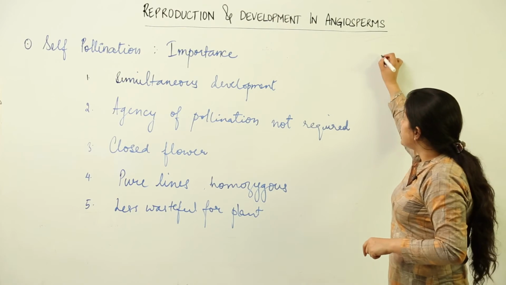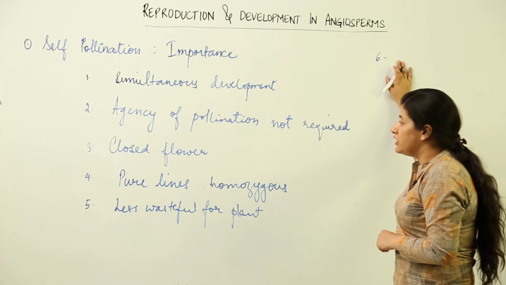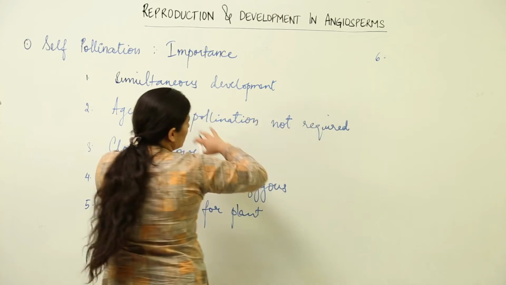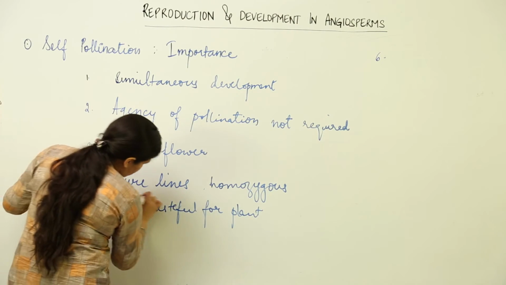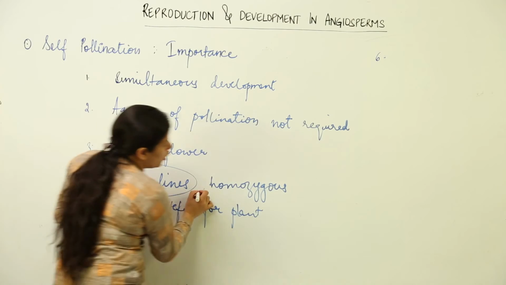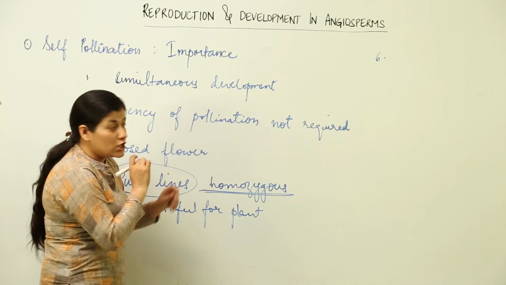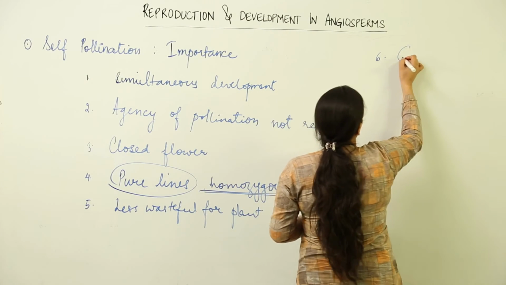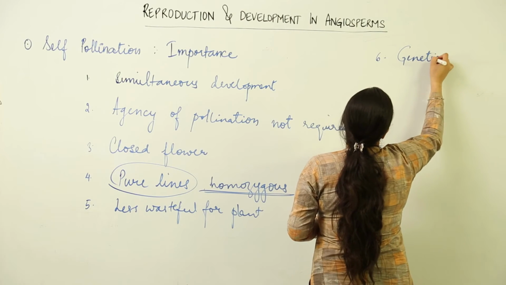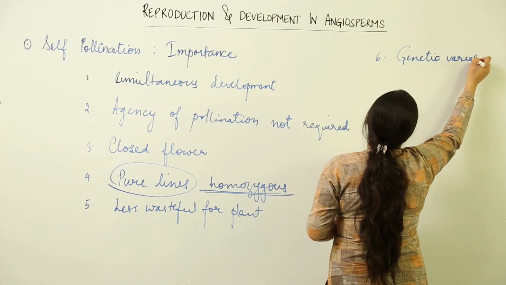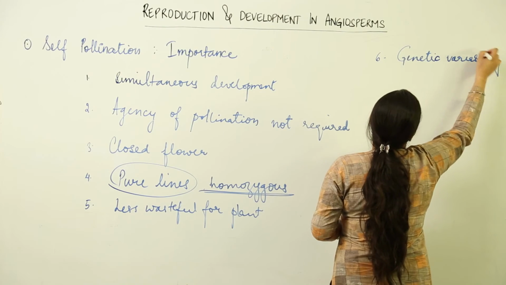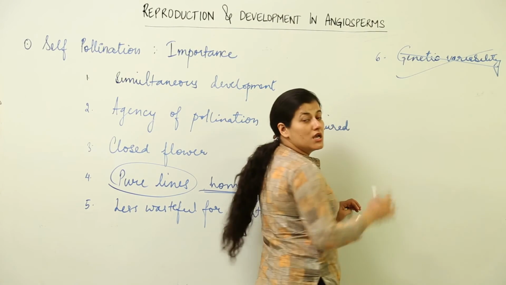Now coming to the points where we find that this is a little bit disadvantageous: it gives rise to homozygous individuals. So we don't find genetic variability, that is almost absent. This genetic variability is missing.